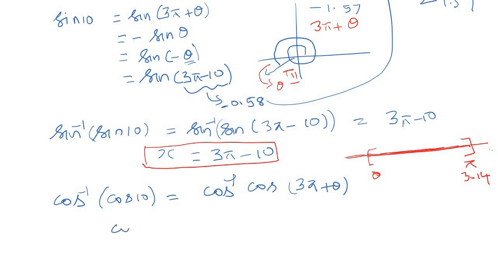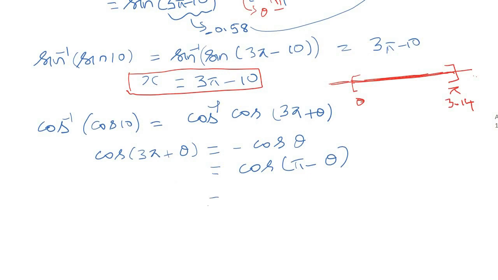Now let's consider this 3 pi plus theta, which is in the third quadrant. So cos of 3 pi plus theta, in the third quadrant the cos function is also negative. So minus cos theta. Minus cos theta, you cannot write it as cos of minus theta as you did for the sine function. But here, this is cos of pi minus theta. We can write like this.